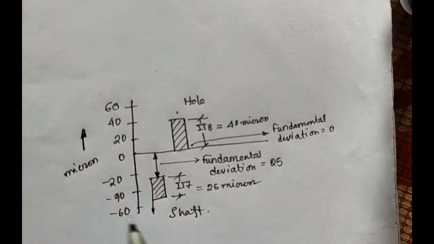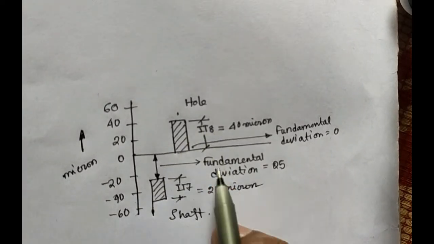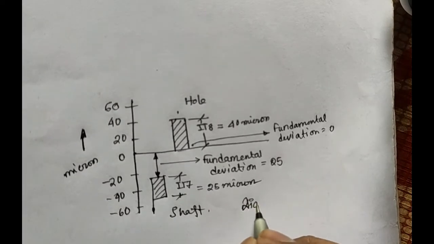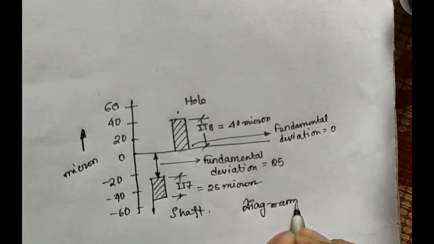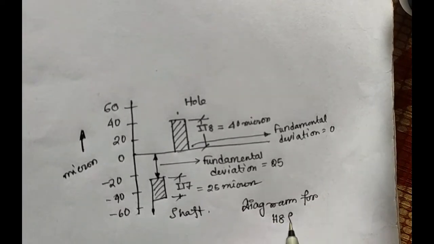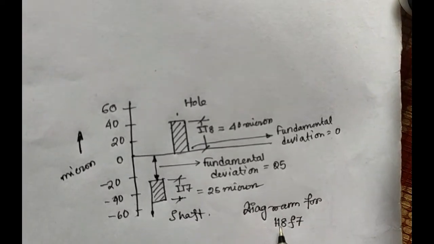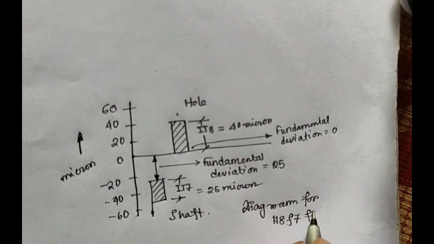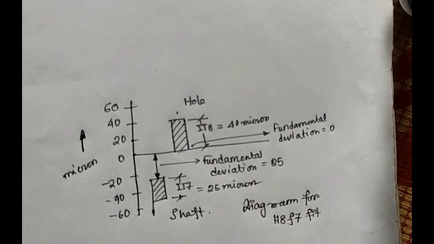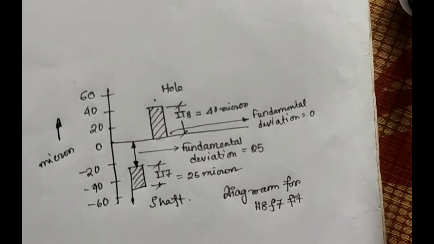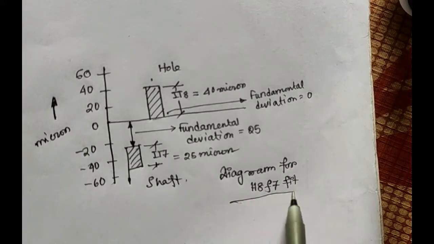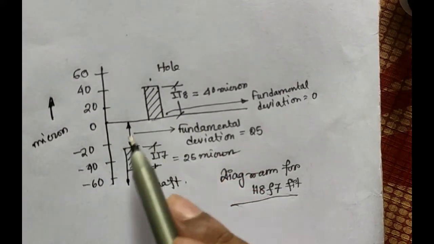Now this way we can easily draw the diagram for H8 F7 for any kind of diameter. So this is how we can draw the diagram of a fit. If you get the question in this way, you can easily draw the diagram of the fit.